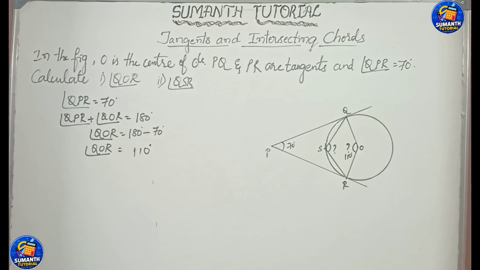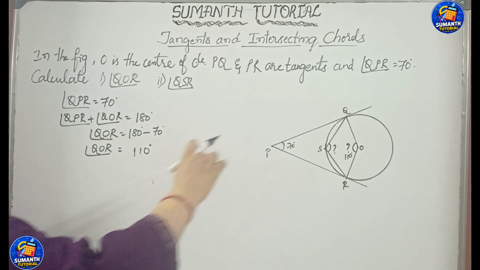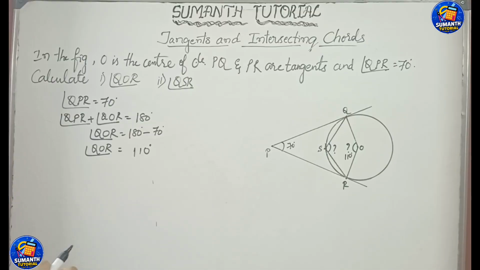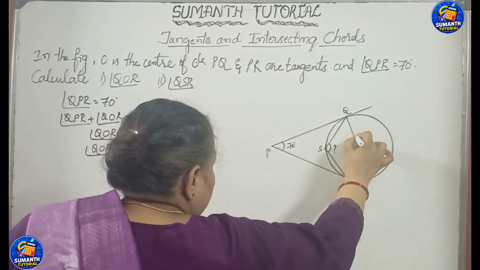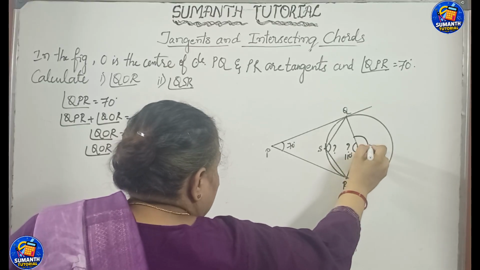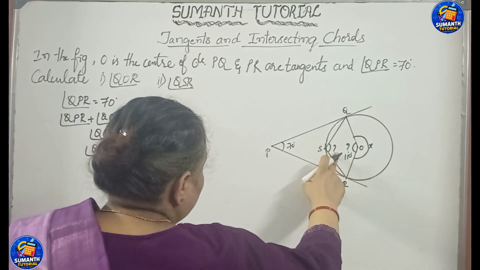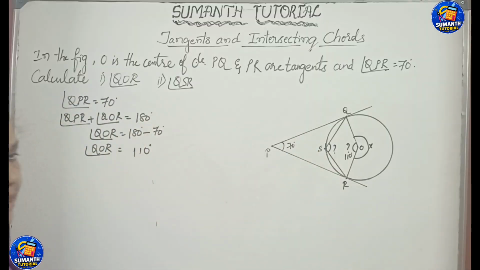Now, what to find? We have to find angle QSR. In order to find this one, what will we do as the rule? I will take the reflex angle of this. I will find this angle. By that, I will make it into a half of this one so that I will get this angle. Are you understanding?